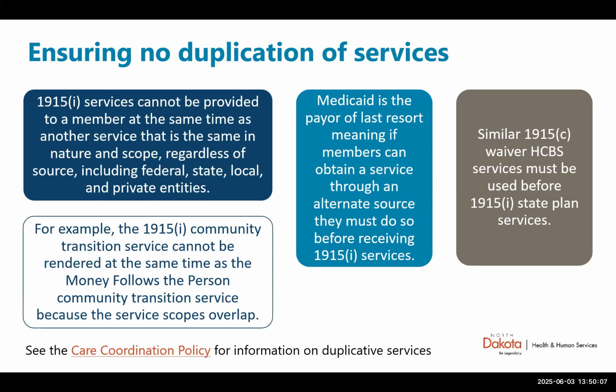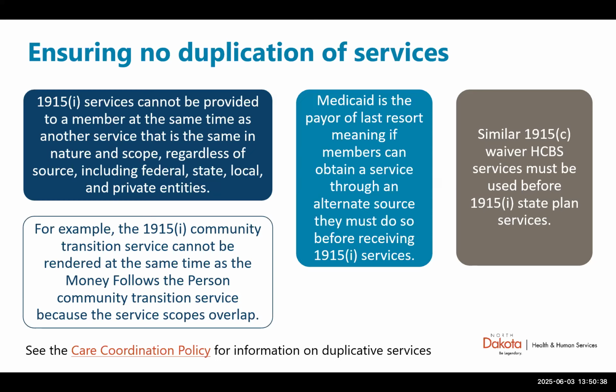If a member is receiving services through, for example, a 1915c Medicaid home and community-based service waiver, for example the developmental disability waiver, the autism waiver, or the aging and disability waiver, the member must get services through those 1915c services before 1915i. An example of this would be respite. If that's available, that's a service that's available through multiple waivers.